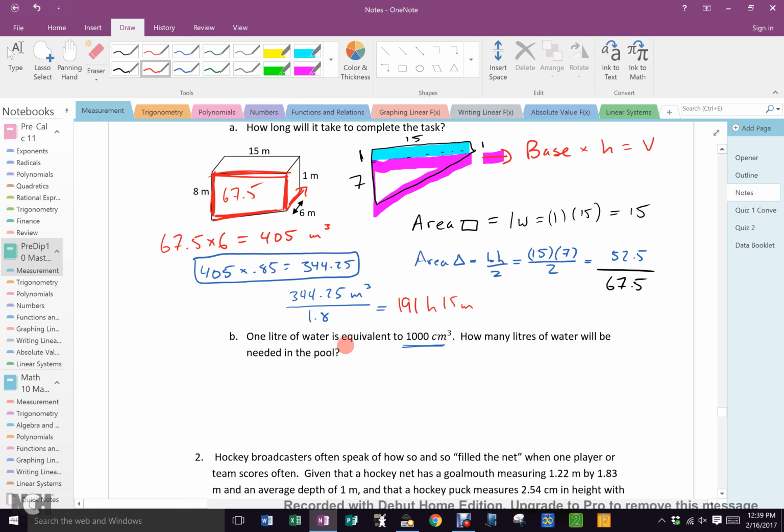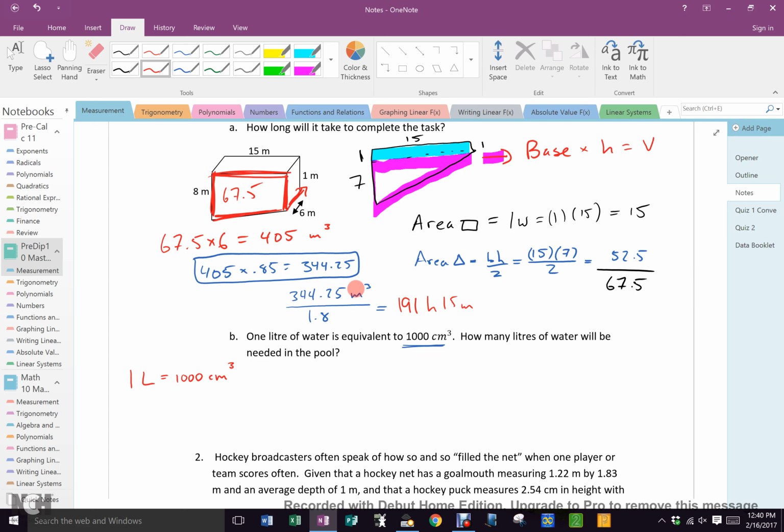So this question says, I know that 1 liter equals 1,000 centimeters cubed, yes? What do I have? Meters cubed. So I have to convert them, right? How do you convert meters to centimeters? You divide by 100, right?